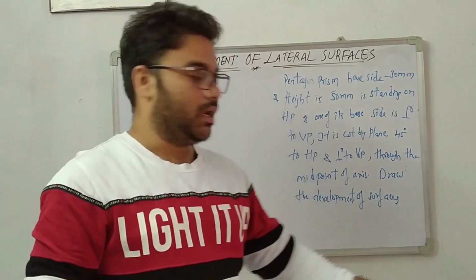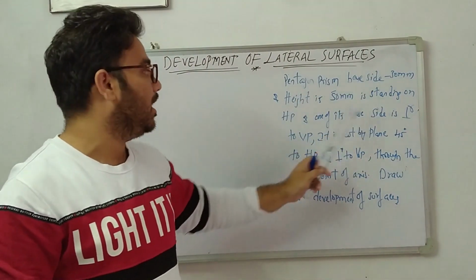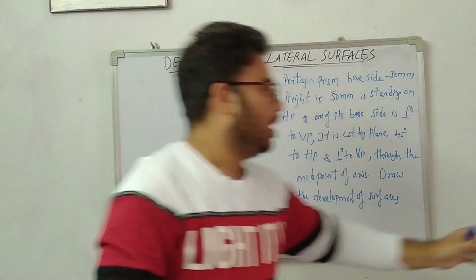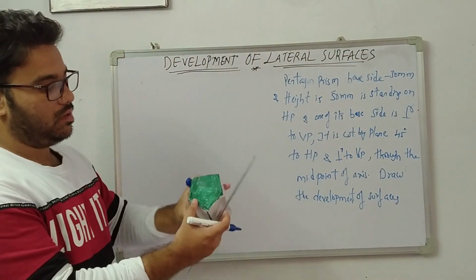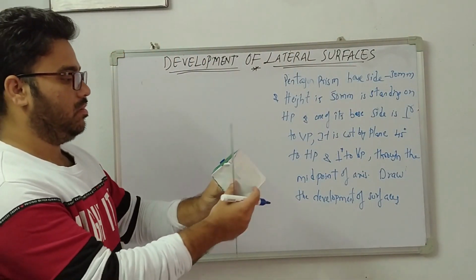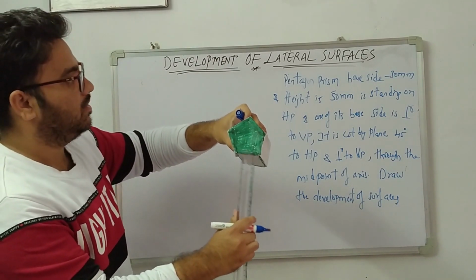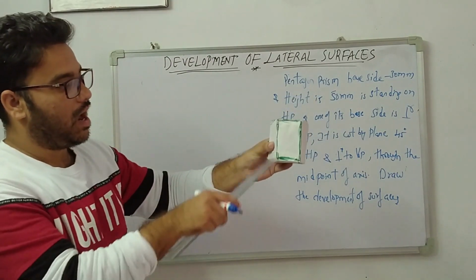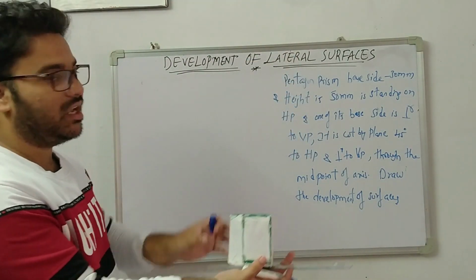So I repeat this question. A pentagon prism, base side 30 mm, height 50 mm. Let us say this is a pentagon. The pentagon prism having a side 30 mm and height 50 mm is simply standing on the HP.